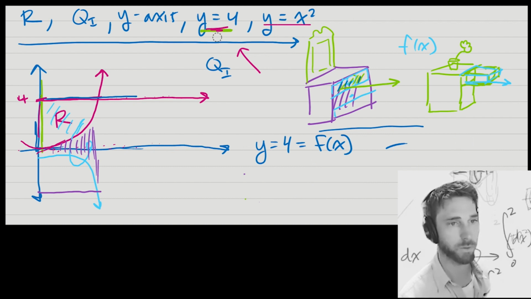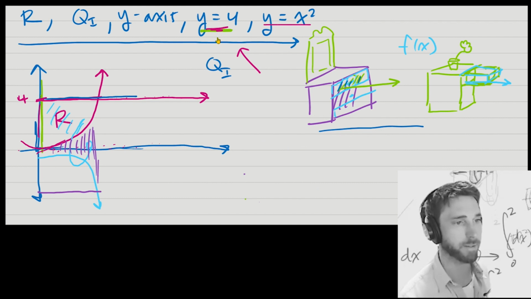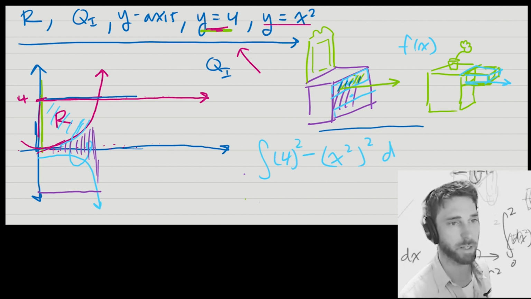So if we know that, it might not be as confusing to put 4 minus whatever our function is, x squared. Then we square these because these are basically radiuses, dx from, and what are our bounds on the x-axis? This is key.